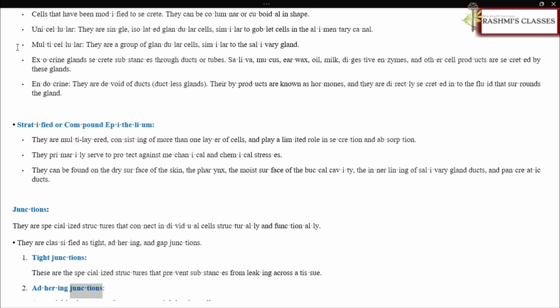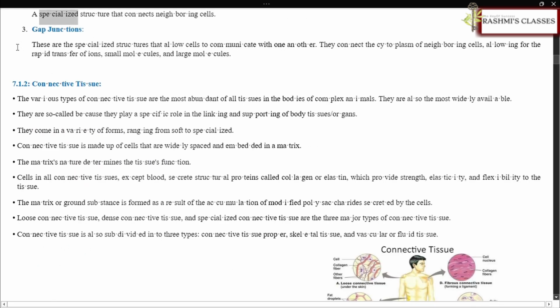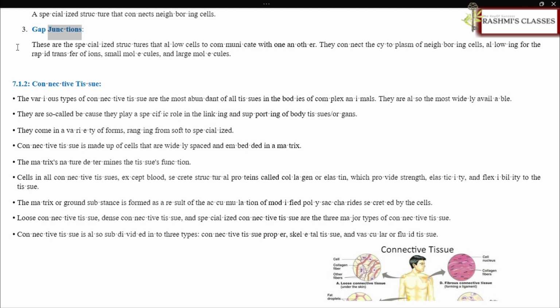Adhering junctions. A specialized structure that connects neighboring cells. Gap junctions. These are the specialized structures that allow cells to communicate with one another. They connect the cytoplasm of neighboring cells, allowing for the rapid transfer of ions, small molecules, and large molecules.